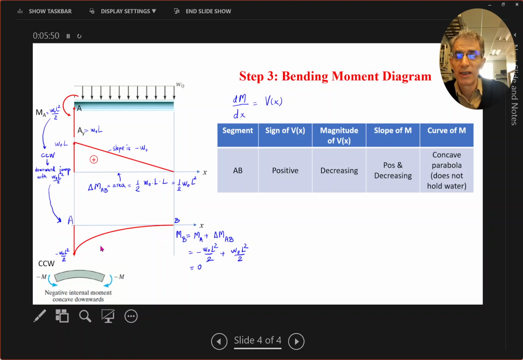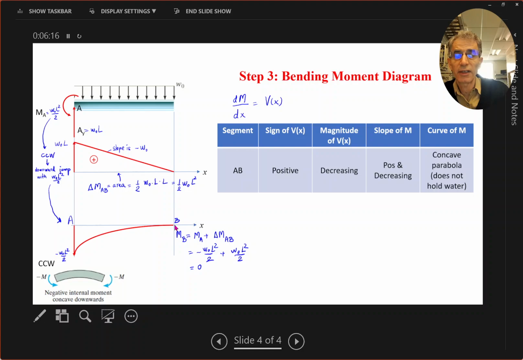So this way of building the diagram will be wrong, because we are supposed to start with the high slope here, and as we move, the slope of the tangent on the curve is supposed to go all the way down. And by the way, at point B, because V is zero there, my slope is supposed to be zero. That is exactly what these equations tell me.